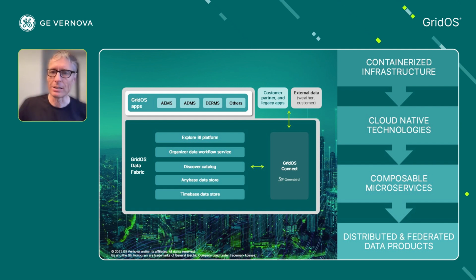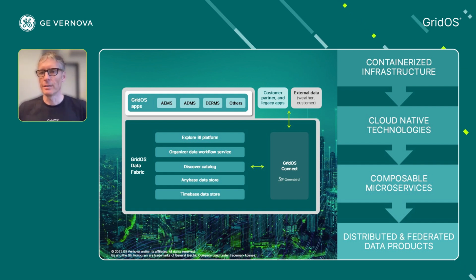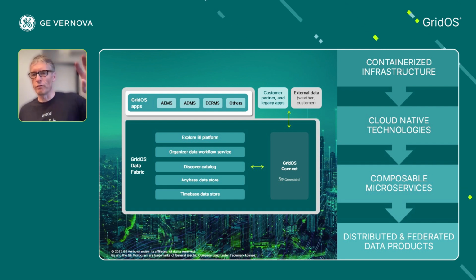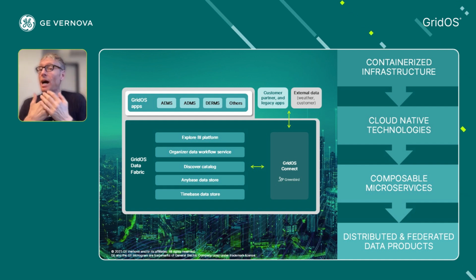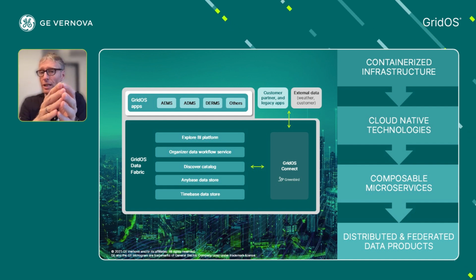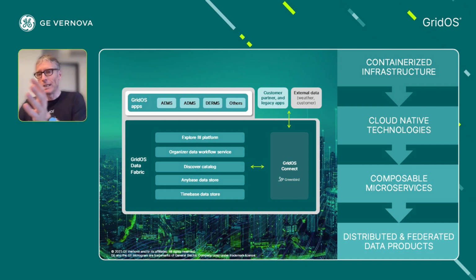And that means with the GridOS Data Fabric, we are giving you as a utility the flexibility of choosing either a best-of-breed approach, or you want to say there are some kind of applications where I want to provide my own functionality, but I want to move as much as possible into a commercial off-the-shelf world.